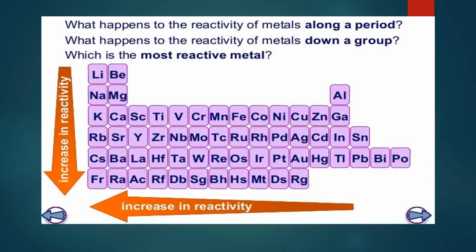For example, gallium is lesser in reactivity compared to potassium, which is actually on the far left of the periodic table, in group 1.